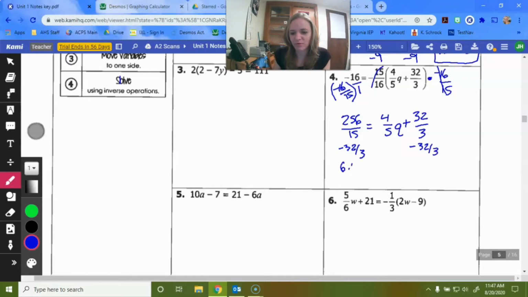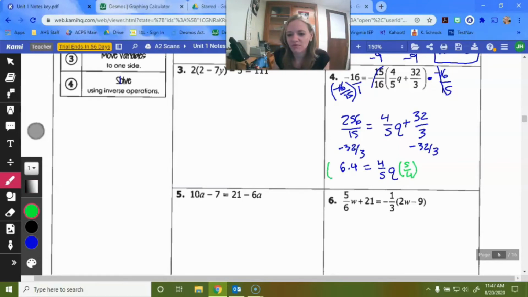Is 6.4, and I'm just going to go with it because I know I still have another fraction over here, and the calculator will do the hard work for me if I am willing to let it. So this is times by 4/5. So the easiest way to get rid of a fraction is multiply by its reciprocal. Multiply by 5/4.